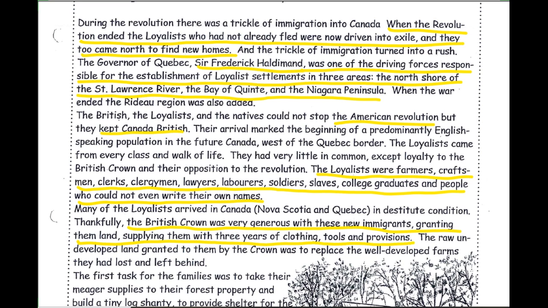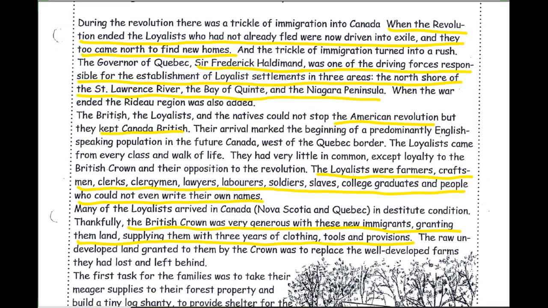So, Britain gave them land, supplied them with 3 years of clothing, and gave them the tools and provisions that they needed to survive.